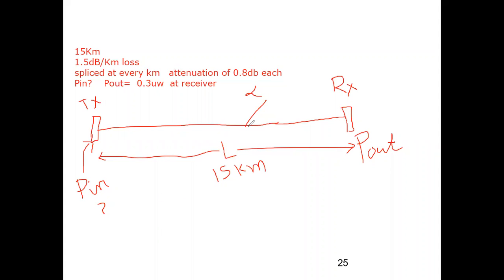It utilizes a fiber with 1.5 dB per kilometer loss. So यहाँ पे जो मैंने fiber connect किया है, that alpha FC, you can consider it is a loss. So alpha we are taking, but what subscript I am giving is fiber cable. So जो fiber cable का loss है, that is 1.5 dB per kilometer, which is given.